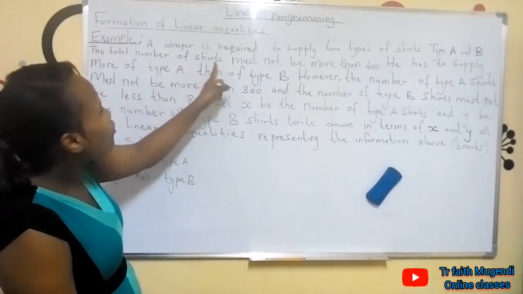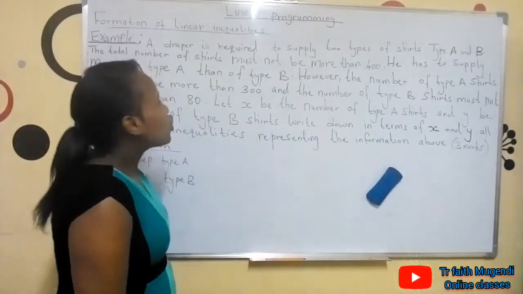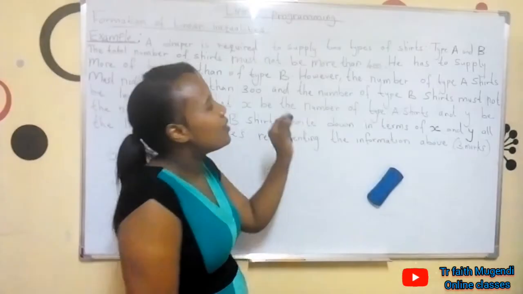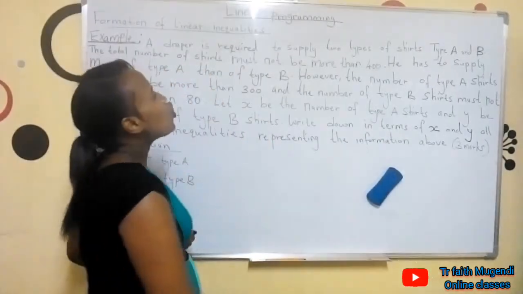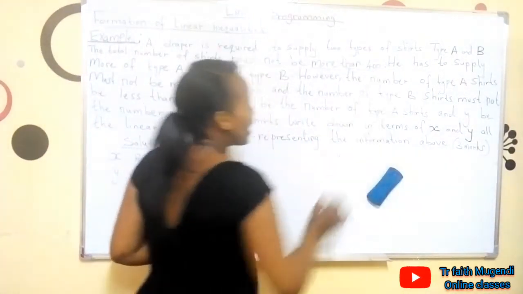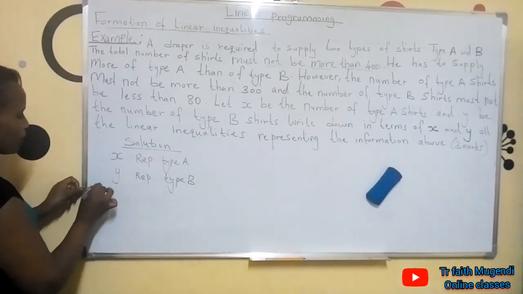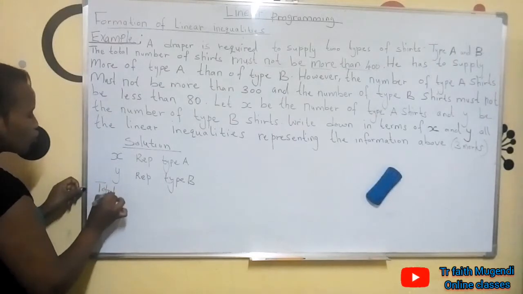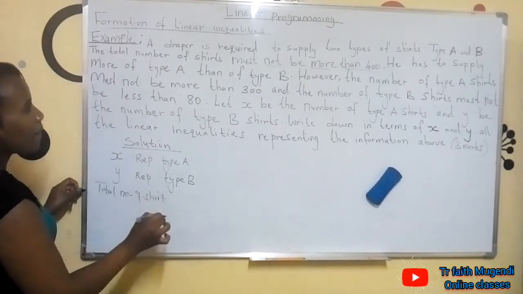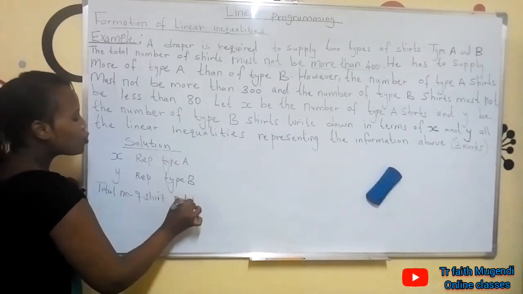So the total number of shirts must not be more than 400. The total number of shirts is the number of type A plus the number of type B, but should not be more than 400.